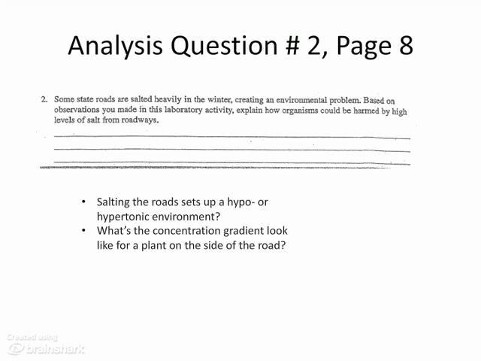And so, of course, just like those onion cells shrank up when we put them in the salt water, the plant cells are going to shrink up when we salt the roads. And so it's going to cause osmotic stress to those plants. And if you notice when you drive down the roads, especially in the springtime, you'll see that mostly the evergreens, right alongside the road, kind of burn on the side of the road, and a lot of that has to do with the salt.